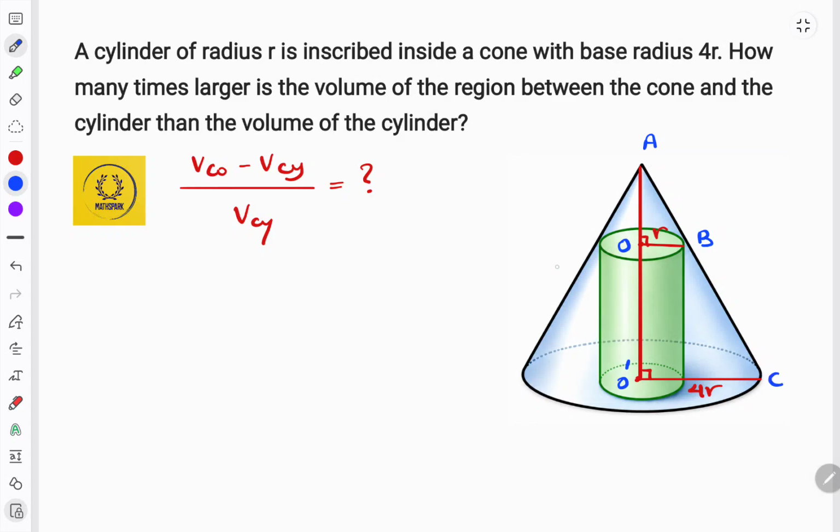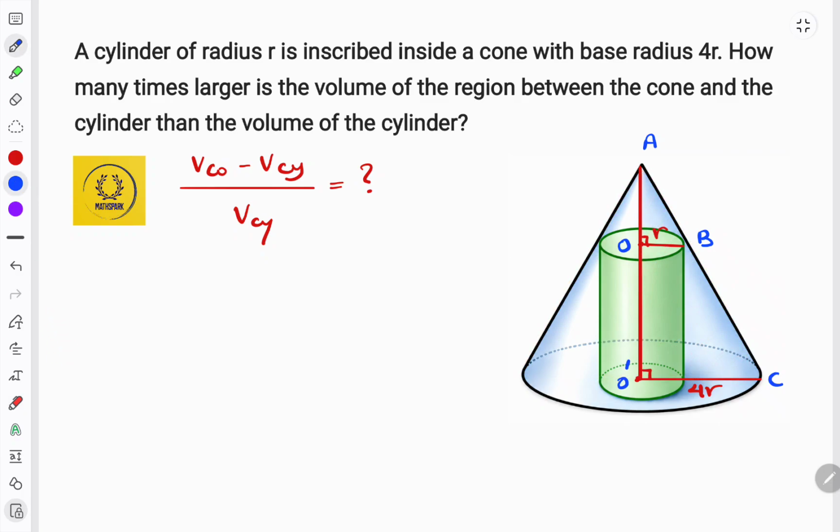If we cut this cone through its height, the cross section is going to be this isosceles triangle. I'm going to use the similarity of these two triangles.